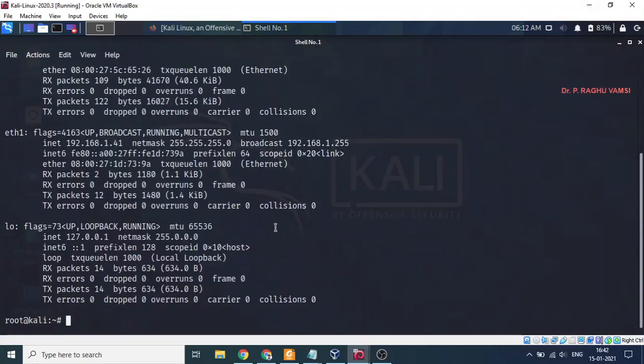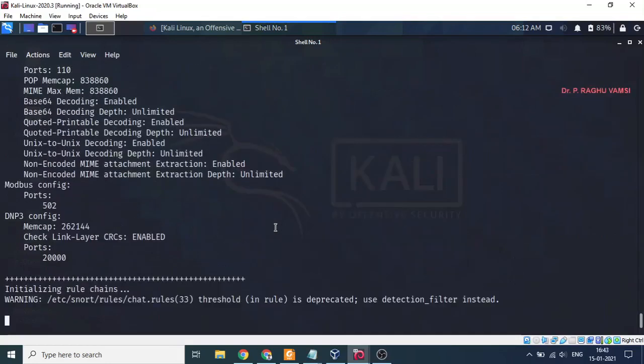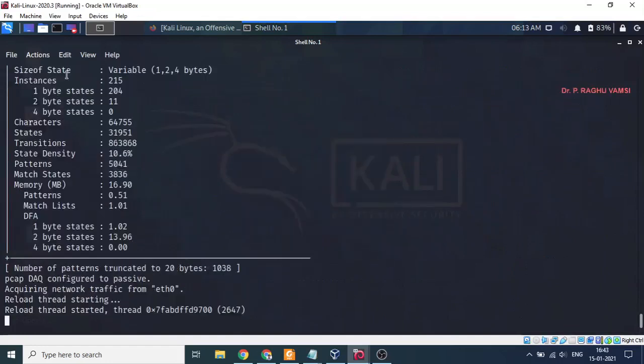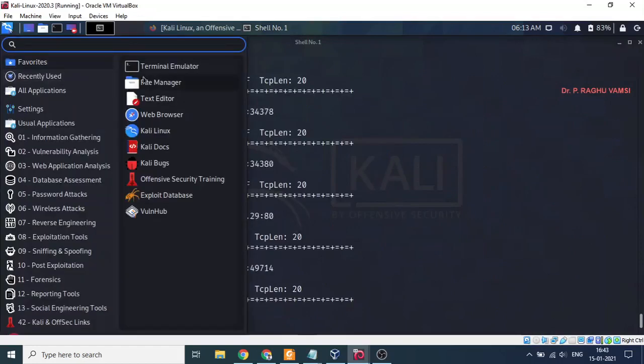So now what we'll do is, we have used this snort on Ethernet 1. Now we'll use this on the Ethernet 0. Now what we do is go for the Firefox.